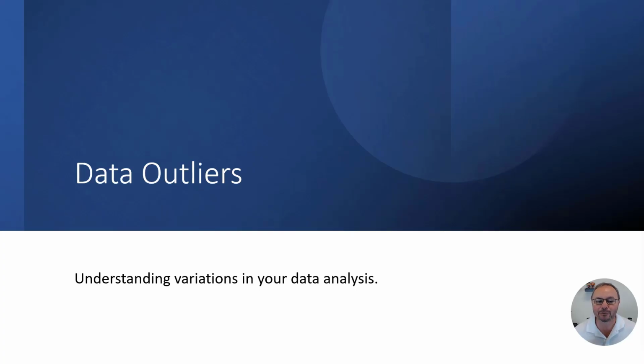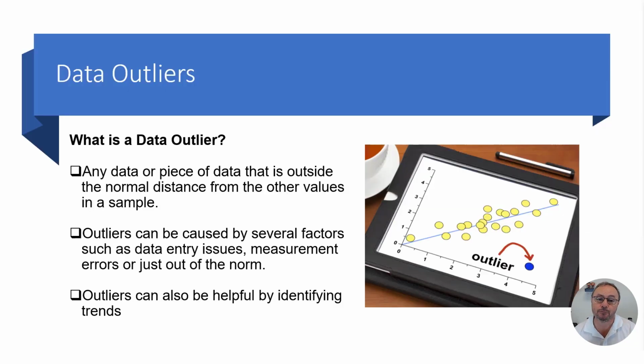Data outliers. In this lesson, we want to understand how we could really dive into different variations in our data. Now, when it comes to data outliers, very simply put, this is a piece of data, or several pieces of data, that can be outside the normal distance from other values in a sample. So let's say I sample 100 people.